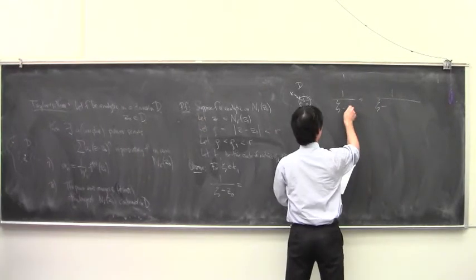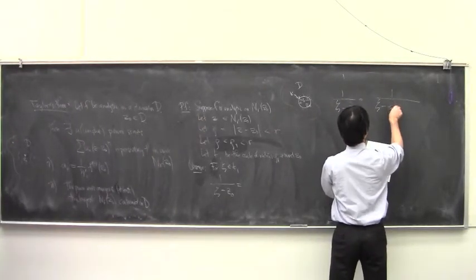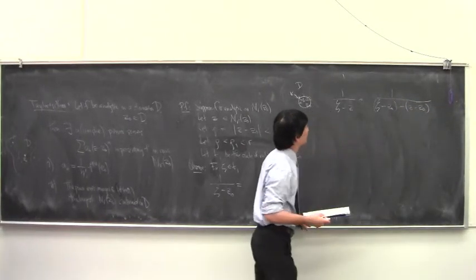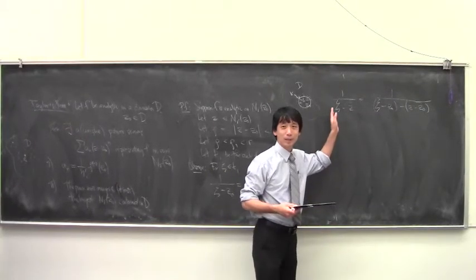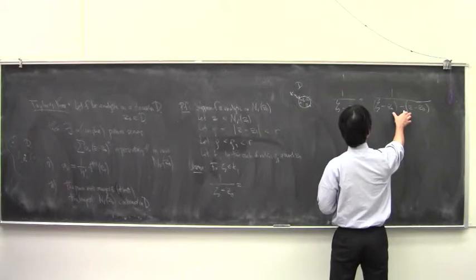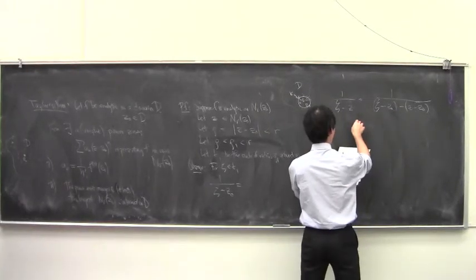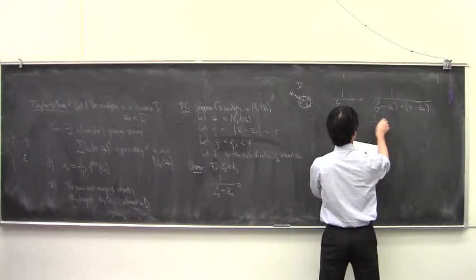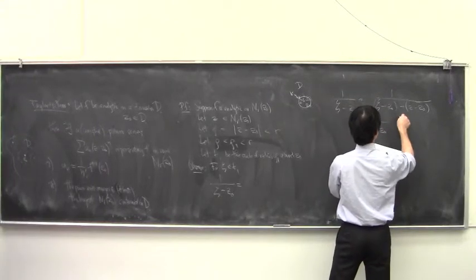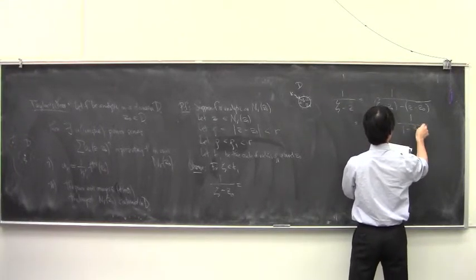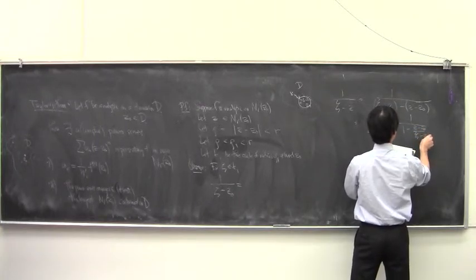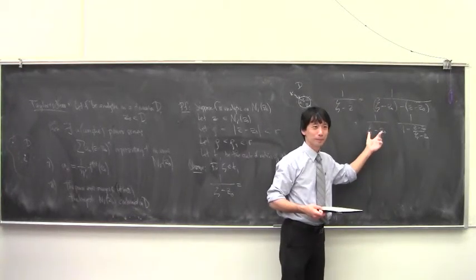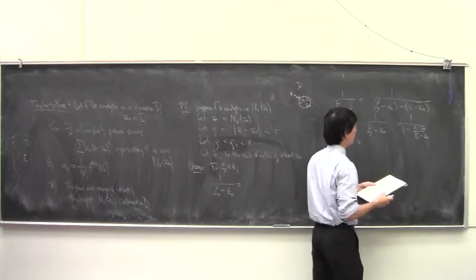So this zeta minus z we're going to write as nothing fancy. Okay. And so let's rewrite this as 1 over zeta minus z naught times 1 over 1 minus (z minus z naught) over (zeta minus z naught). Just algebra.